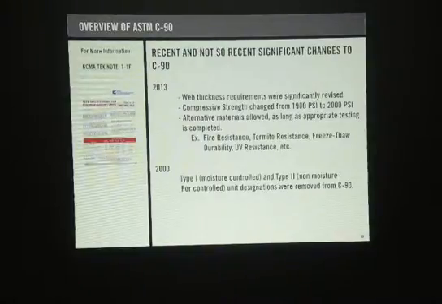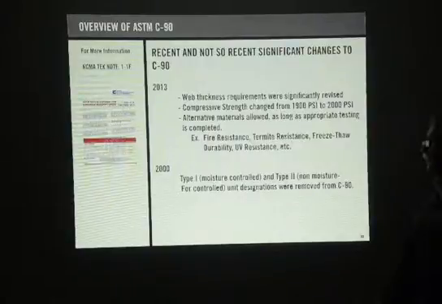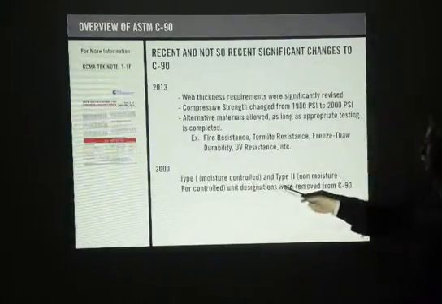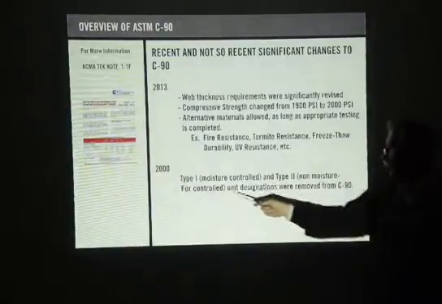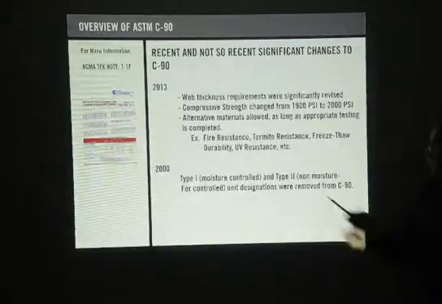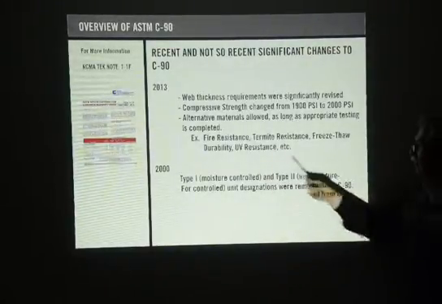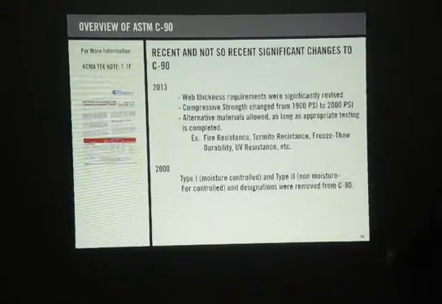So, Mike, what has changed over the years? Well, back in 2000, the standards were developed for what's called Type 1 moisture controlled and Type 2 non-moisture controlled units of the CMUs. Unit designations were removed from the standards of ASTM C90 at that time.